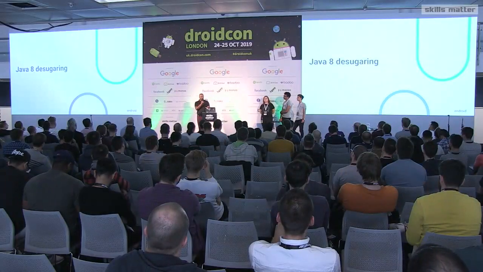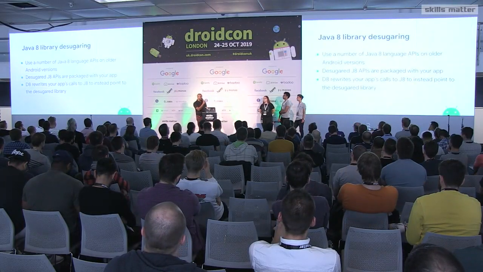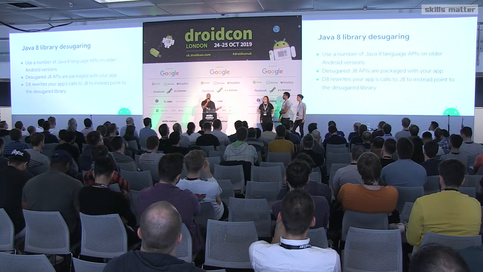Java 8 desugaring is something we've also worked on, the R8 team has worked hard on. And it's not something incredibly new. I mean, Java 8 desugaring was available for the more modern Android platforms. But what we're doing now is pretty cool, and it opens it up regardless of the API that you're targeting.